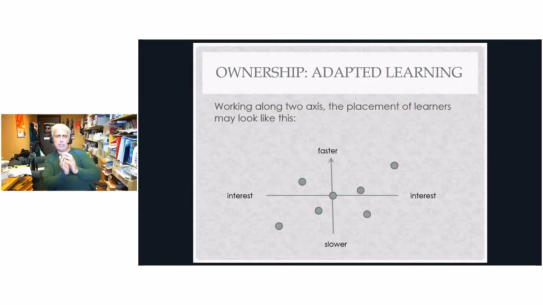And when you give any pupil these two axes of learning, you give them a far wider scope, a wider choice of adapted learning than just following the one axis.